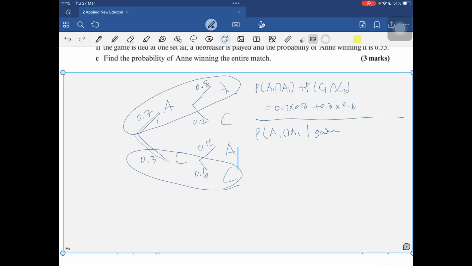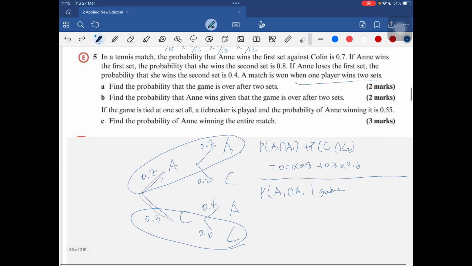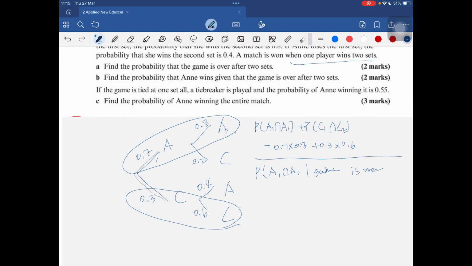So now we may find it: 56, 74, so 0.74 and 0.56. So yes, you will find it 56 out of 74.